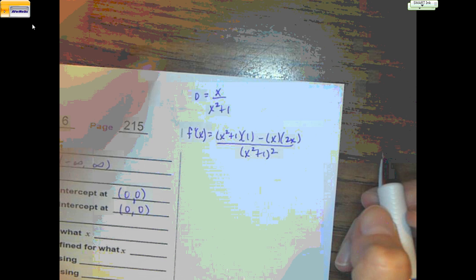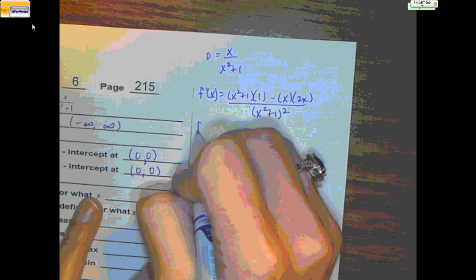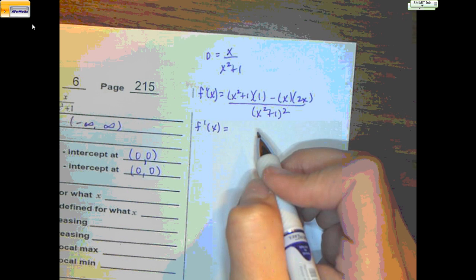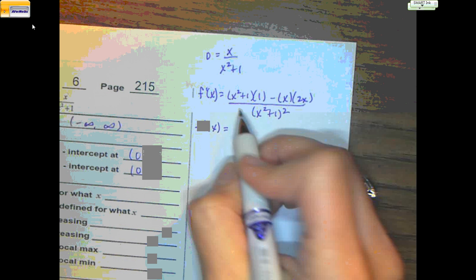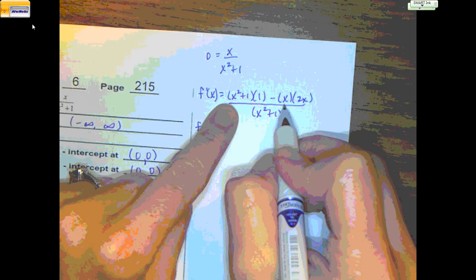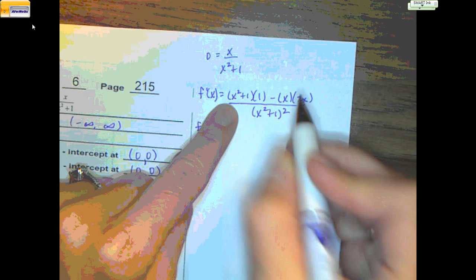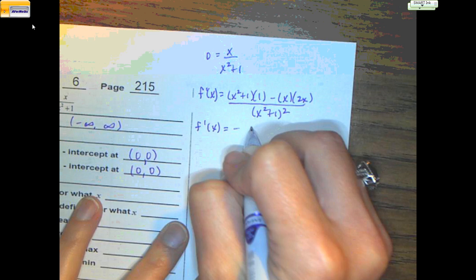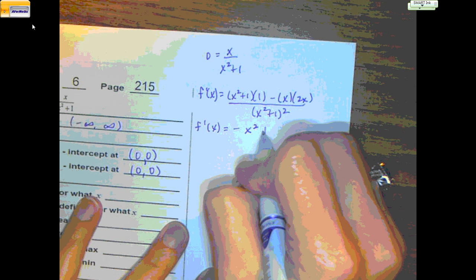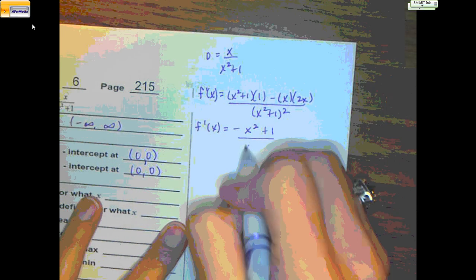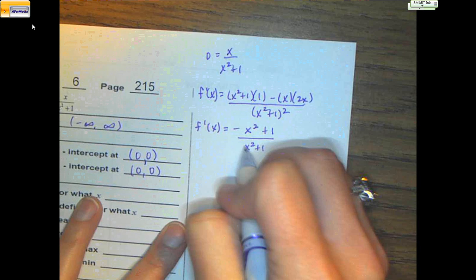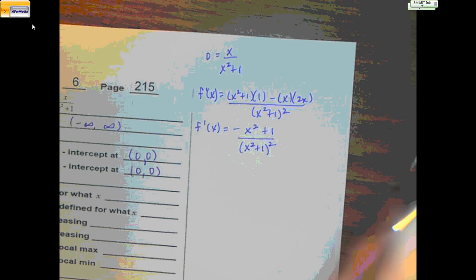And we want to simplify it, make it a little bit prettier. So I've got an x squared, that 1 doesn't really affect it, minus x times 2x. So minus 2x squared. X squared minus 2x squared is negative x squared plus 1 over x squared plus 1, the quantity squared. And there's your derivative.